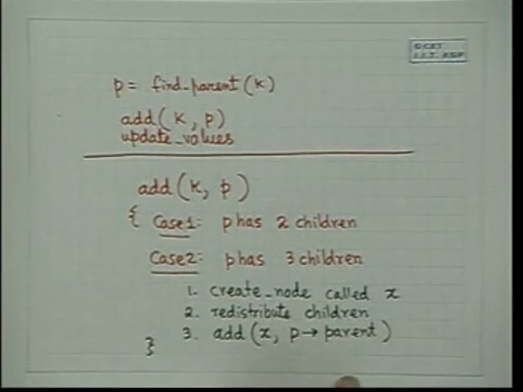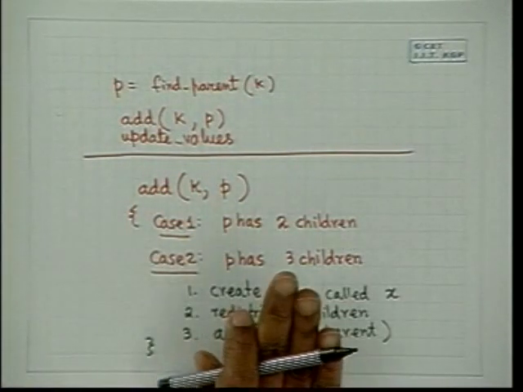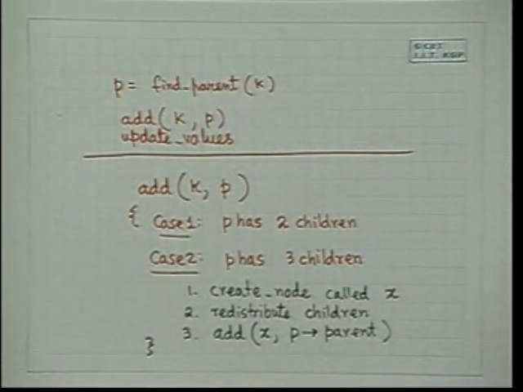But initially there is no need to be stingy on space. That is why even in a 2-3 tree, my suggestion is, though 2 values are kept as intermediate values, it is always advisable to keep all the 3 values: the maximum at the left, the maximum at the middle, and the maximum at the right. It helps you to compute all these 3 values very easily and maintain parent pointers and all the children pointers.